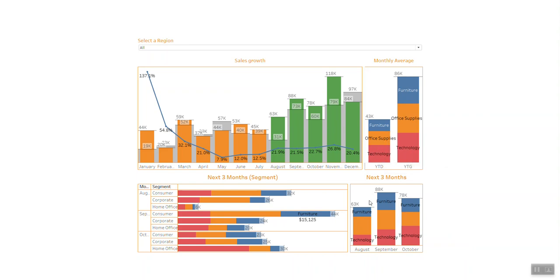Yeah, every month you need to do double. If you look at the month-to-go average, it's 86k, and we see 63k in August, 88k in September and 78k in October. So it's not at the 86k level, but there is a very peak month in November.